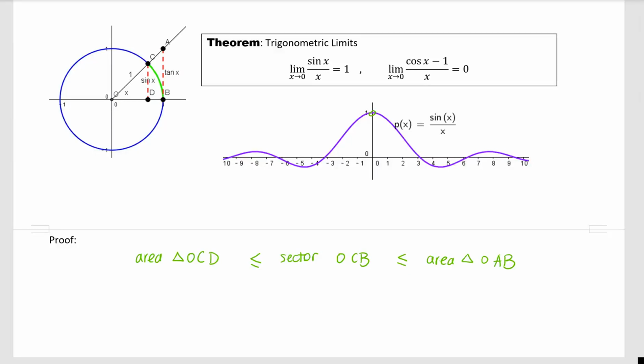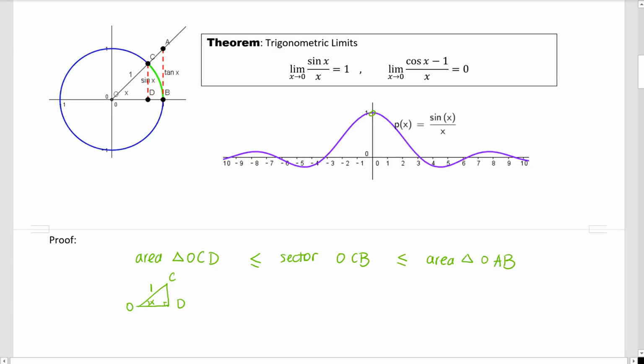Let's continue. Let's compute the area of each of them. What is the area of OCD? You know this angle is x and OC is 1. How do we compute area? 1/2 base times height, right? So we want to compute the base and the height.